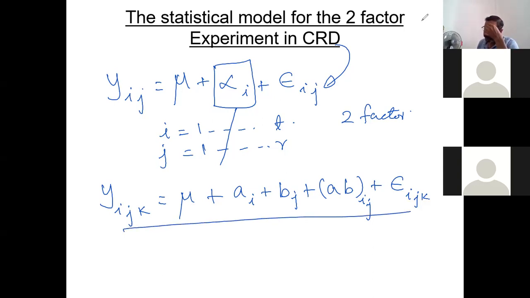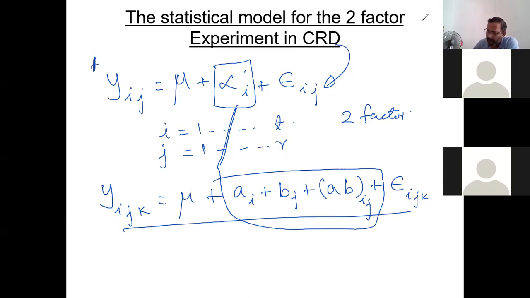So here this alpha I includes these components. What is alpha I here? In the first case, what is the alpha I? Anyone? How do we call this alpha I? What effect? Treatment effect. Fine.